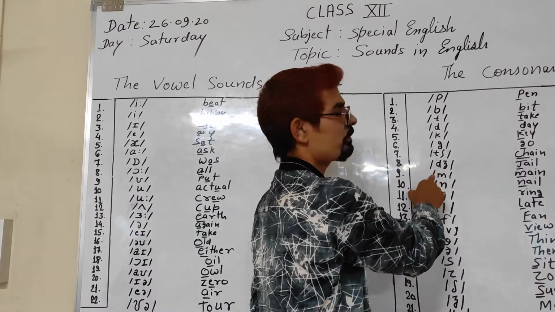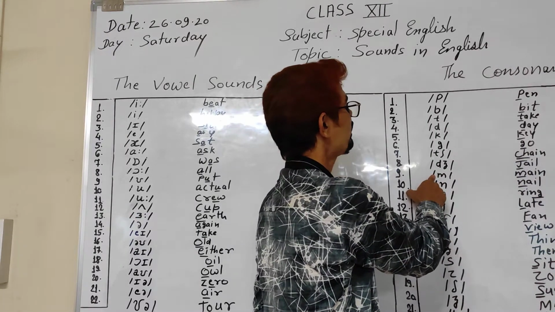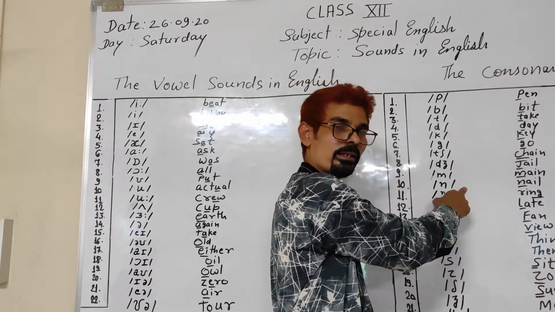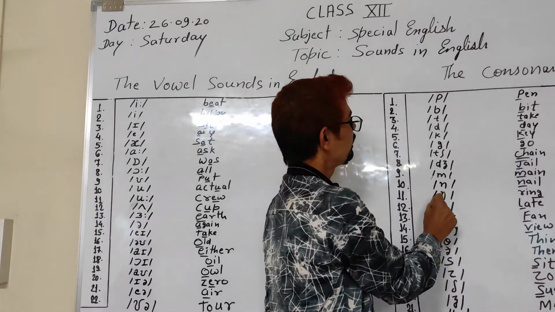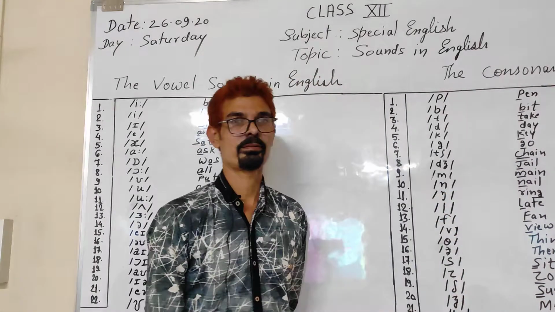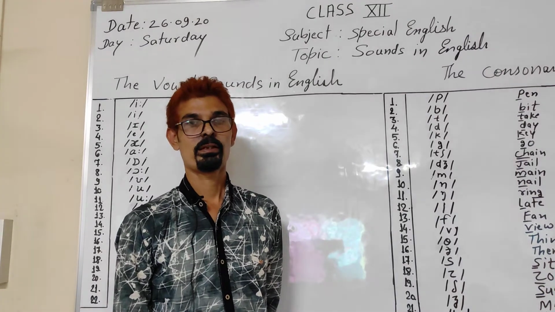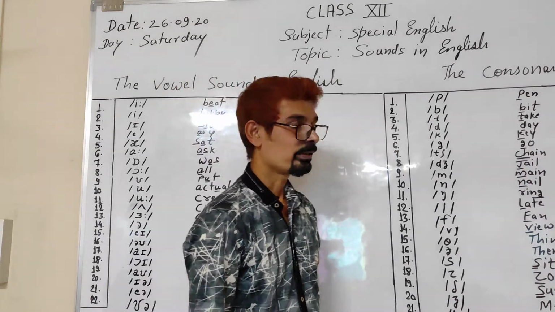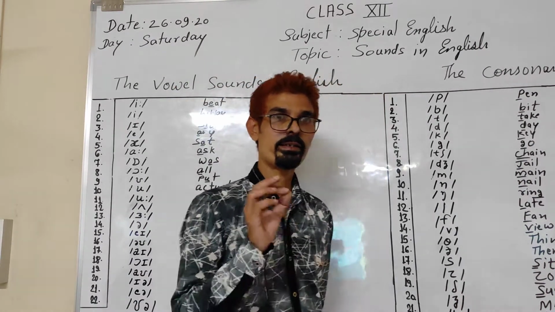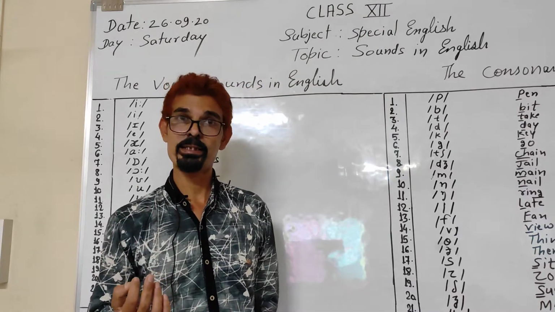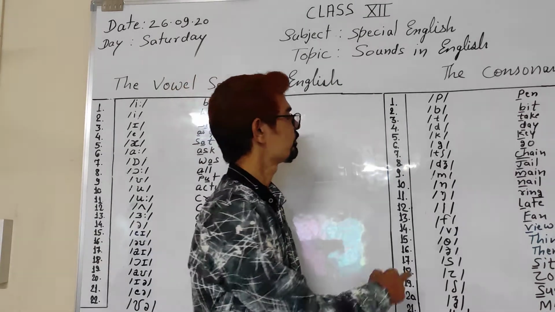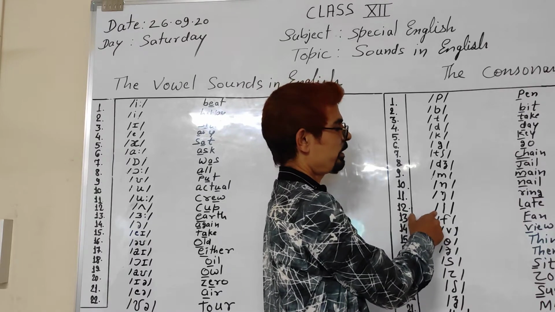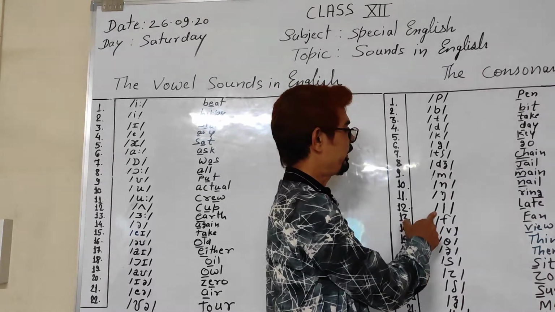This is the symbol of M. Man. This is the symbol of N. Nail. This is the symbol of Ng. Coming. Ring. We pronounce it ring. This is the sign of L, light.